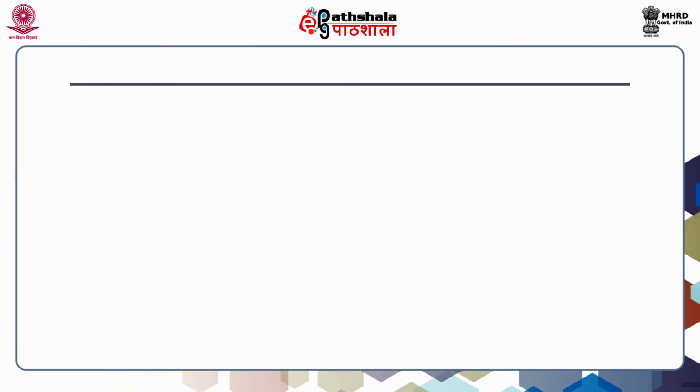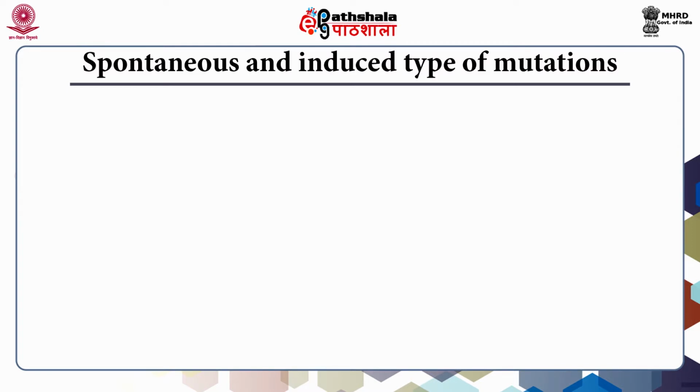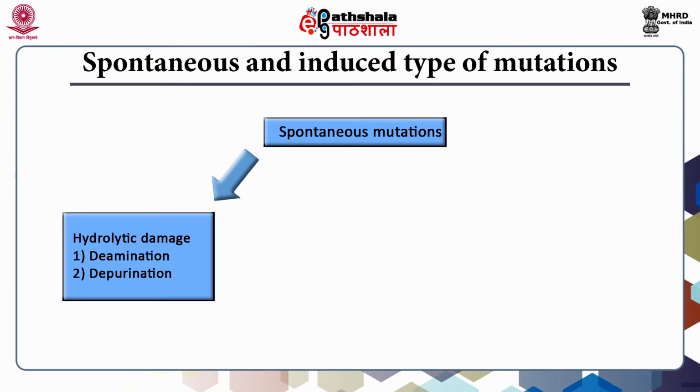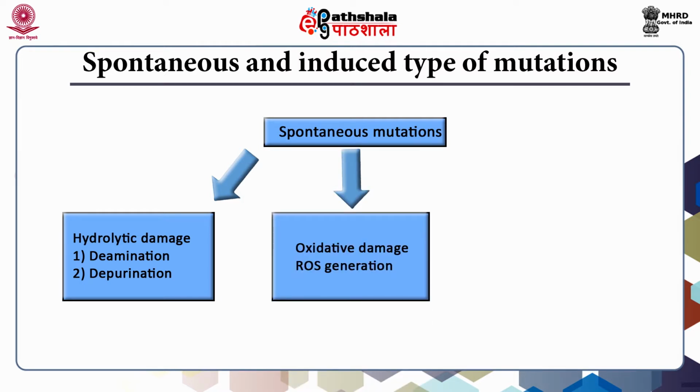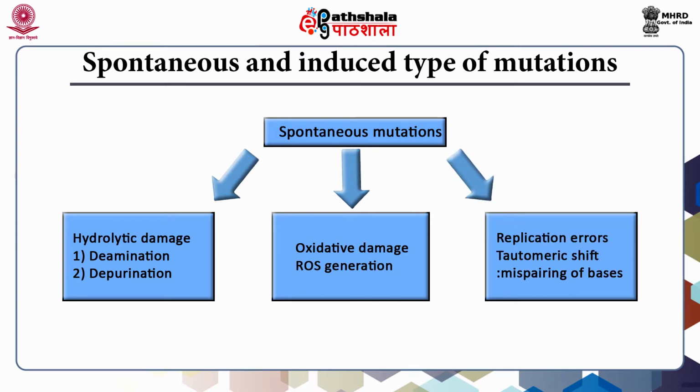Then comes the second type of mutation, the spontaneous mutations. Spontaneous mutation can be categorized in three categories: hydrolytic damage, wherein deamination or depurination occurs; the oxidative damage, very commonly caused by reactive oxygen species generation; and the third type is replication errors or tautomeric shift, that is causing mispairing of bases.